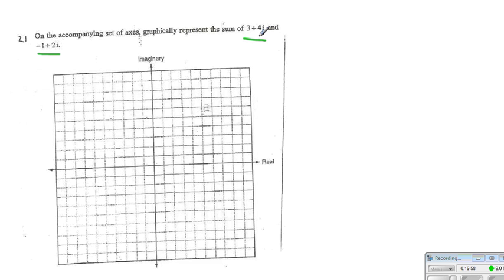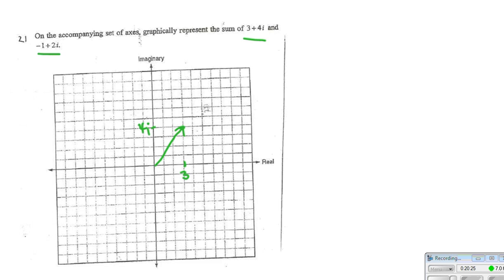First, 3 plus 4i, that means from here, 3 is the x direction, real number, and then 4i, we have to go 1, 2, 3, 4. That would be 4i. And 3, so we end up getting this point. So if I had to sketch it, it would have been something like this.